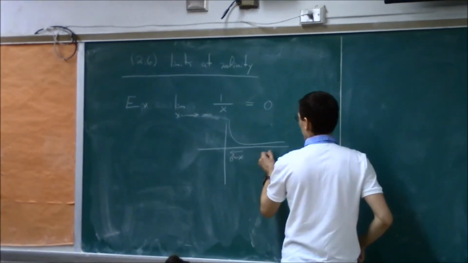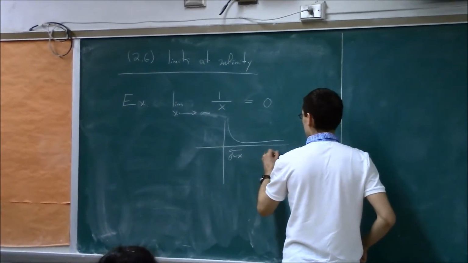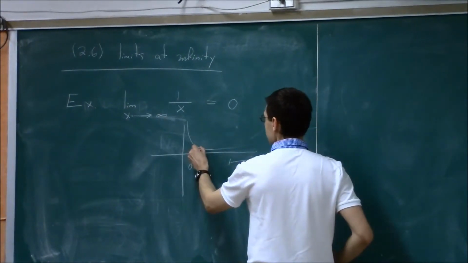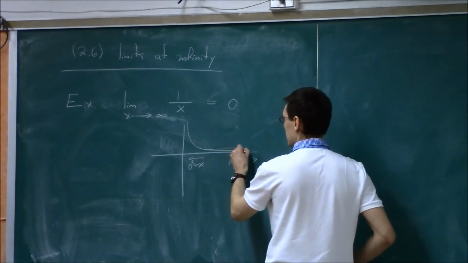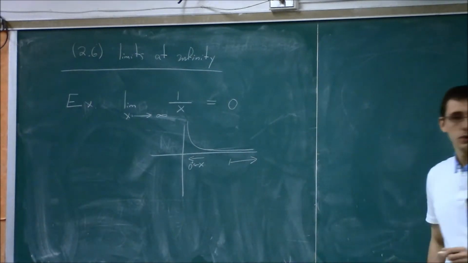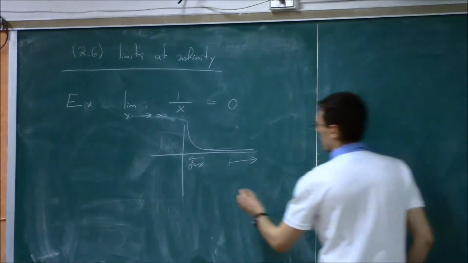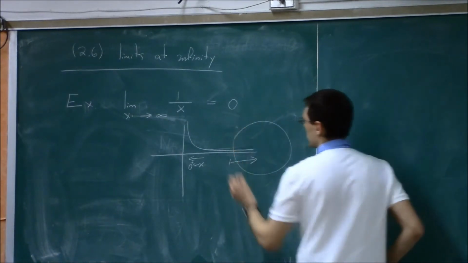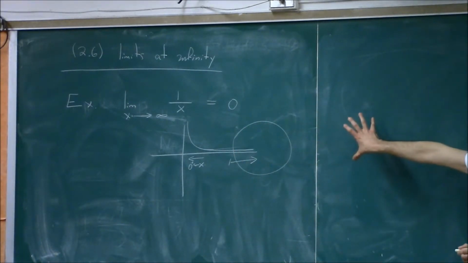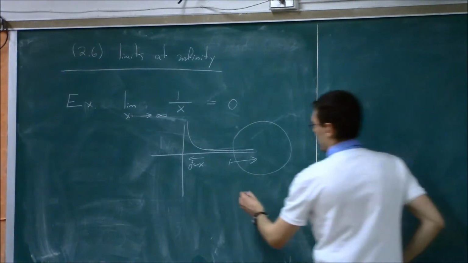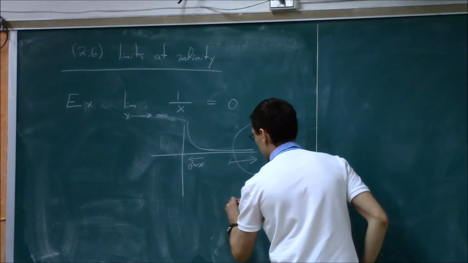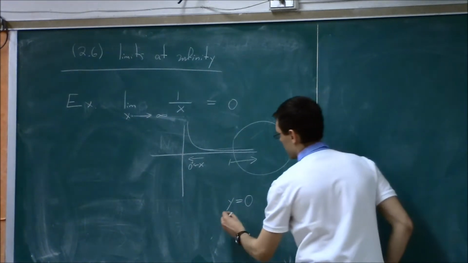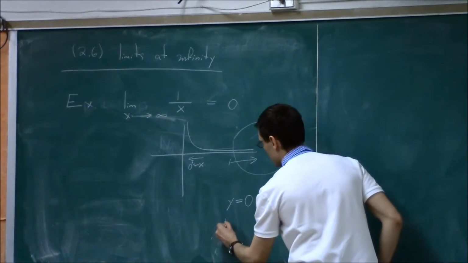And as I move now in this direction, the graph will descend towards 0. Now you see, if you look very far in the graph, this starts looking like the equation y equals 0, the x-axis. This is called a horizontal asymptote.